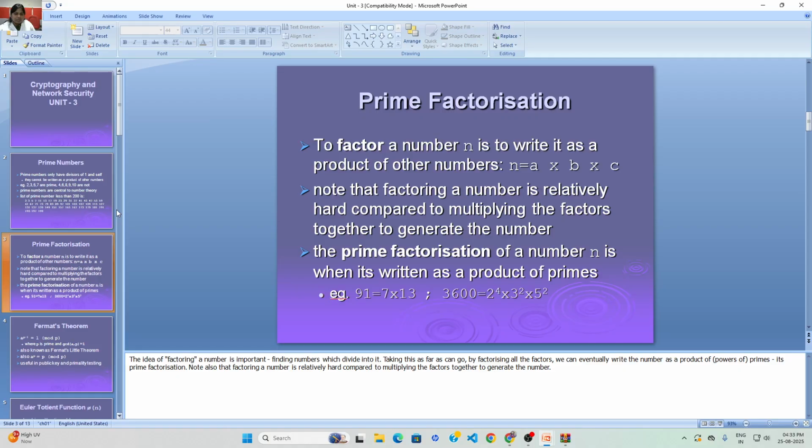Note that factoring a number is relatively hard, whereas multiplying the factors to generate the number is easy. The prime factorization of n is written as the product of primes. For example, 91 is the product of 7 and 13, and 7 and 13 are both prime numbers.